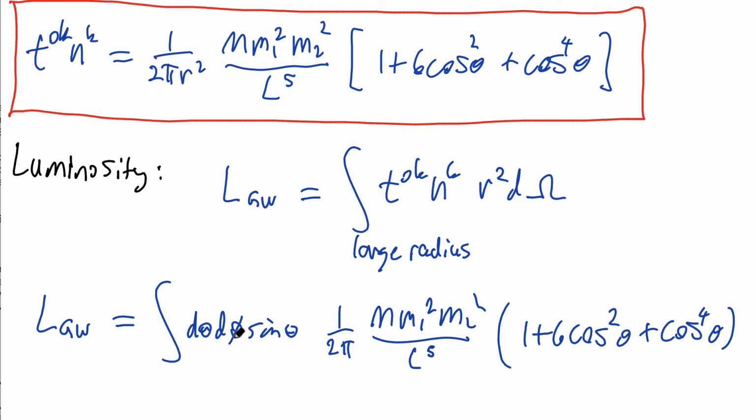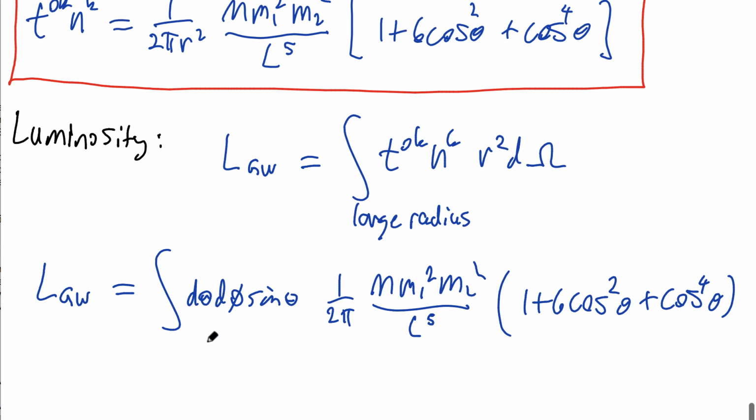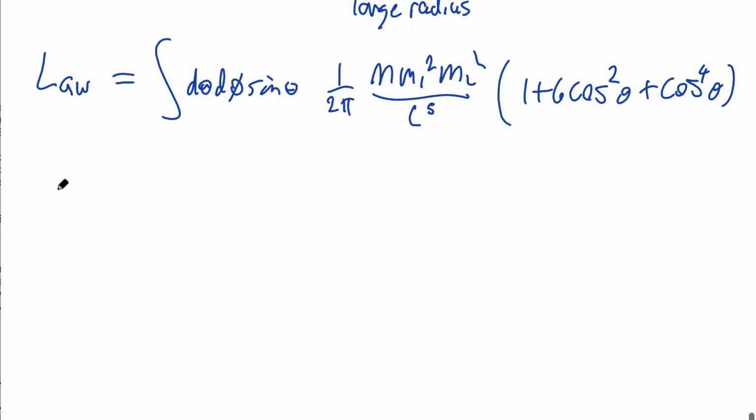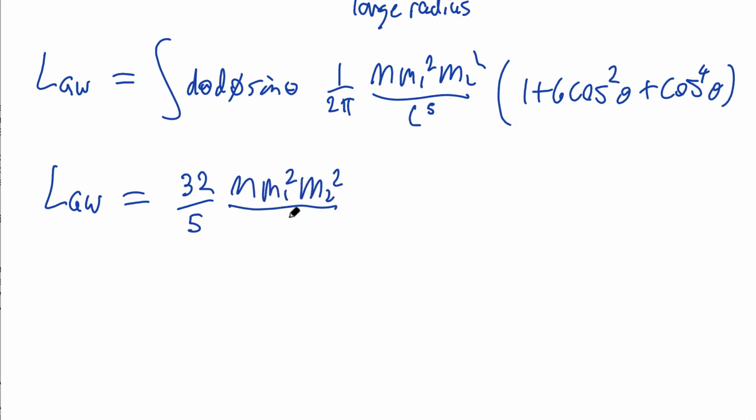The integral over phi gives a factor of 2 pi, and the integral over theta is straightforward. The result is 32 over 5 times the total mass, capital M, times m1 squared, m2 squared, divided by L to the 5th power.